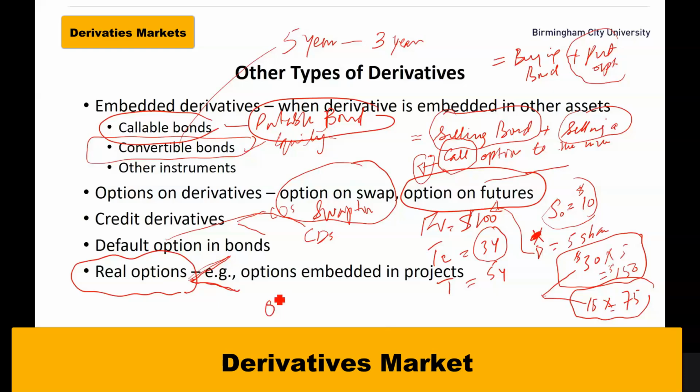For example, the option to expand a project: you can start a small business or a small project, and then you can expand it. So that is equivalent to a call option. Similarly, the option to postpone or abandon a project, the option to abandon particularly will be considered as a put option.